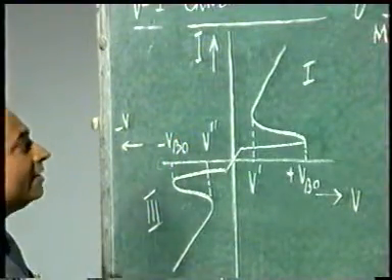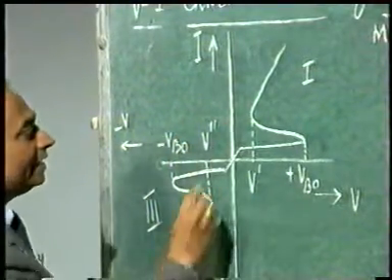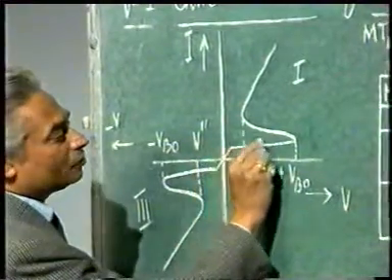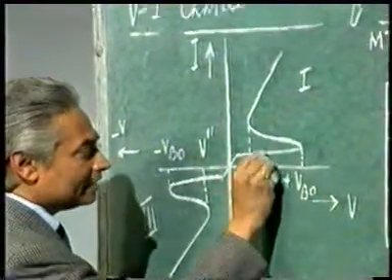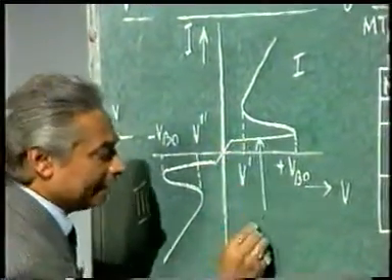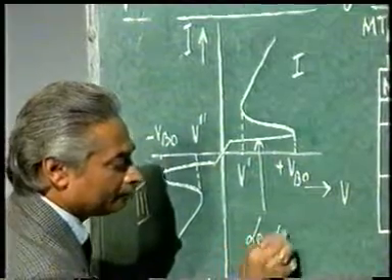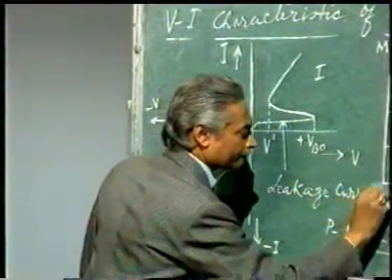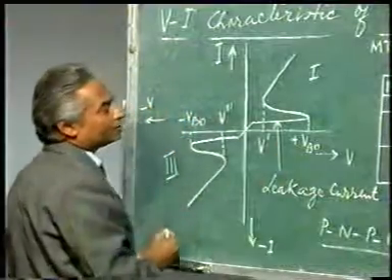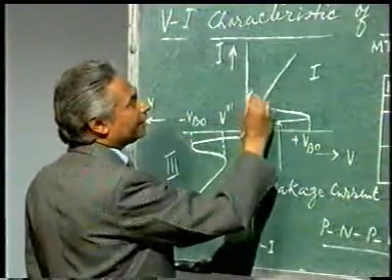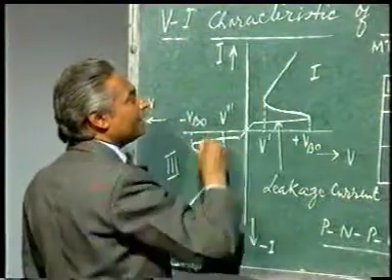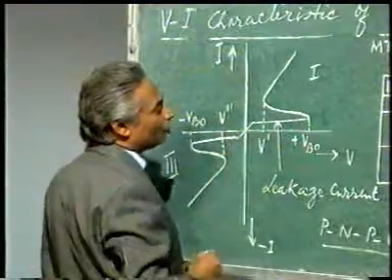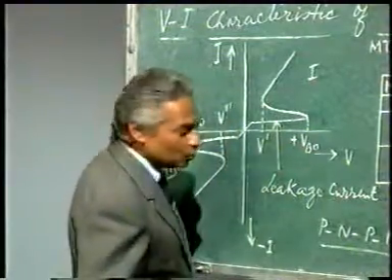So, I will repeat, in the first quadrant characteristic, in the beginning there is very small amount of current flowing till this point, and this current is known as leakage current. At VBO the device triggers, starts conducting, there is a heavy inrush of current and the corresponding voltage V dash goes very low.